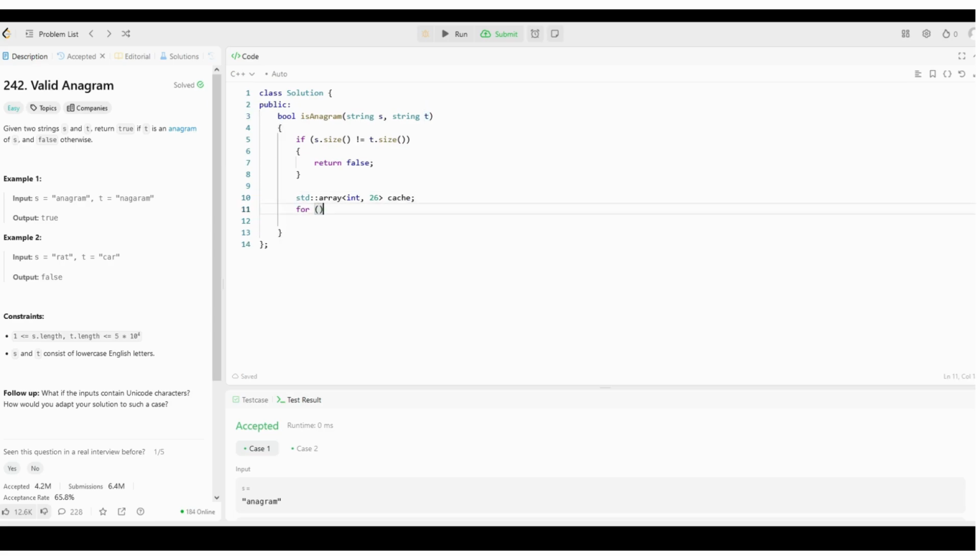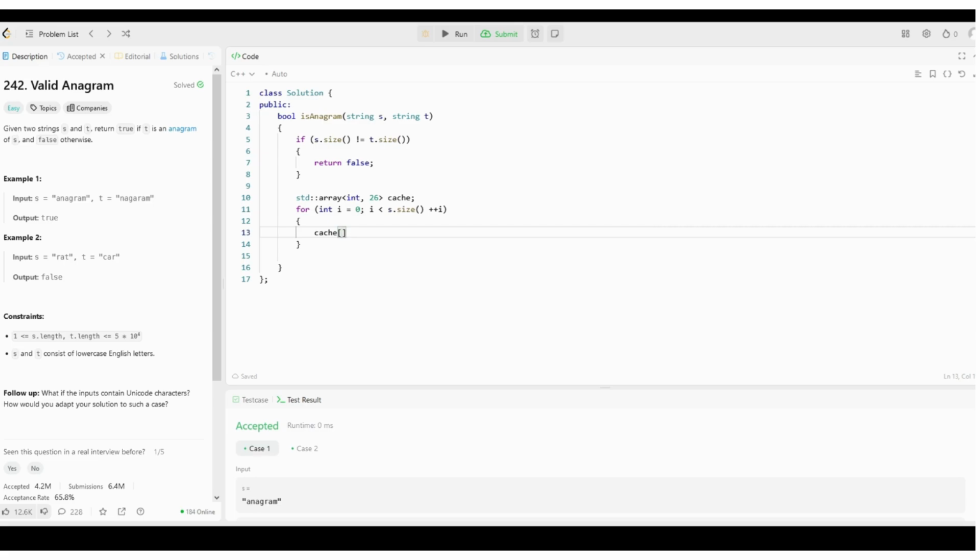So let's go over S: int i equals 0, i less than s dot size, plus plus i, right? And the way we are going to do it is we said we are going to subtract the decimal values of the characters. Look up the ASCII table, you will find the values.